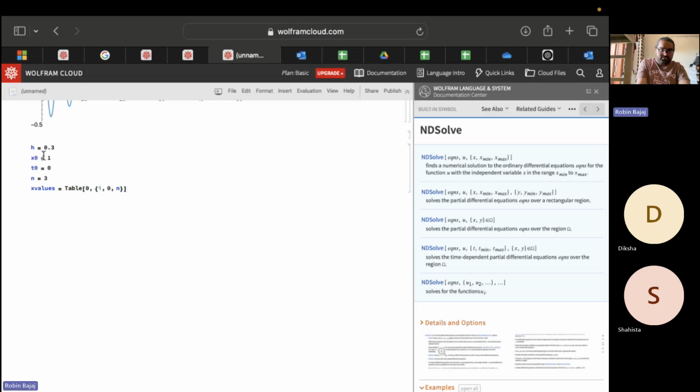Now if you print this, you will see it is nothing but x values. So h is this, x naught is this, t naught is this, n is this, and your table is this.